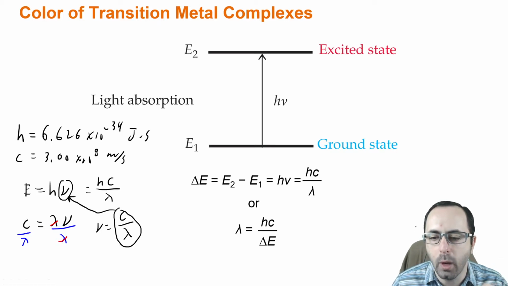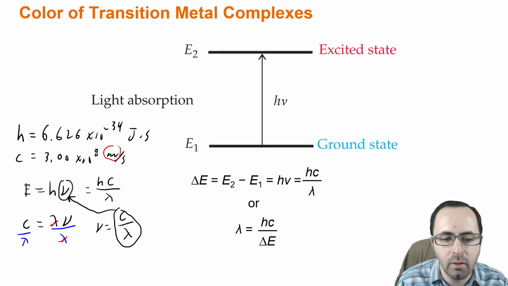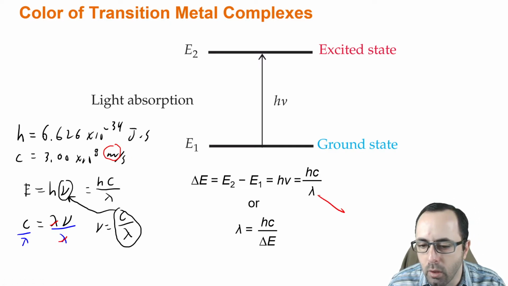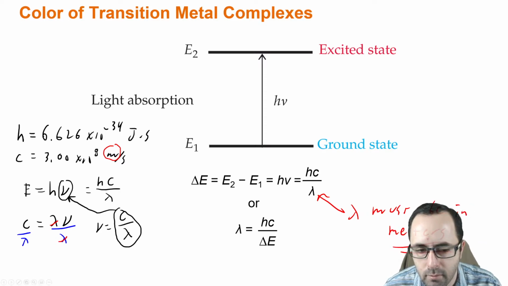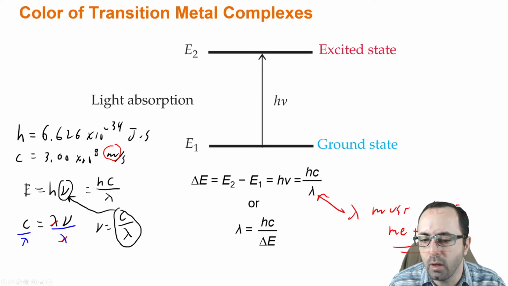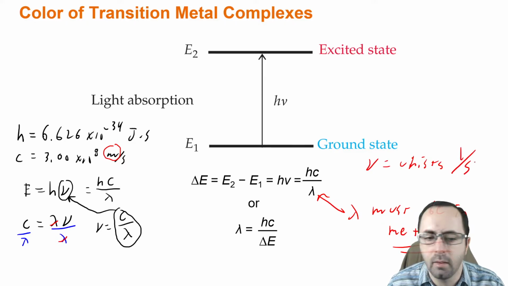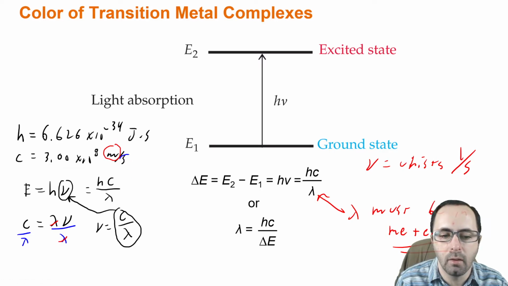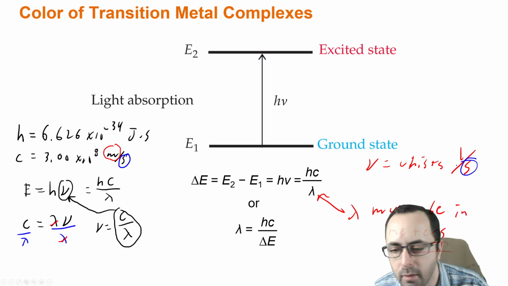Make sure that your wavelength is in meters for this to work. Notice that the speed of light is in meters per second. And of course, frequency is going to have units of 1 over seconds, because the speed of light is in meters per second.